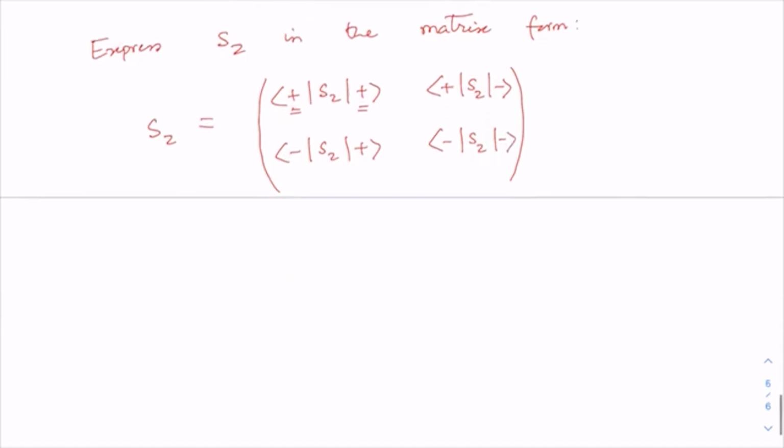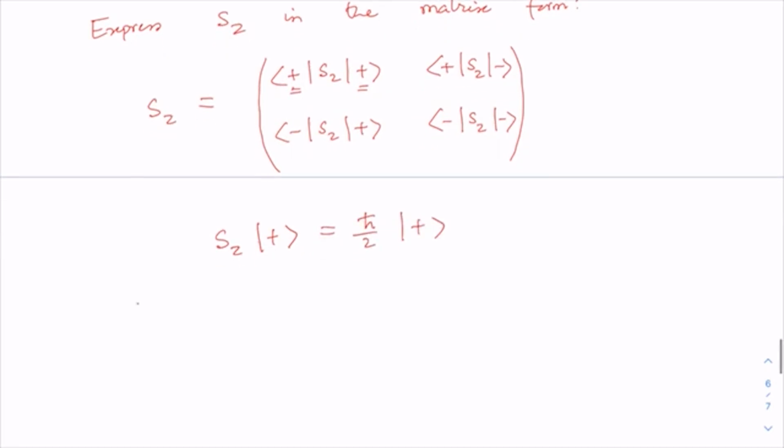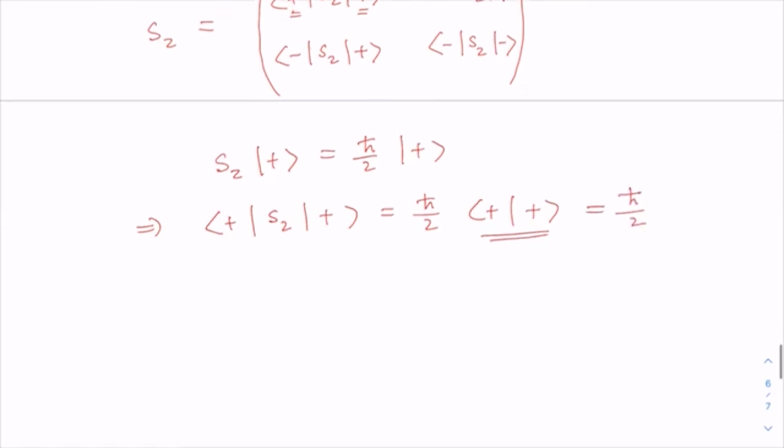Now you can work it out because we have Sz plus equal to h cross by 2 plus. If I multiply both sides by the bra plus, I will get plus Sz plus equal to h cross by 2, and this is normalized, so you will have simply h cross by 2.